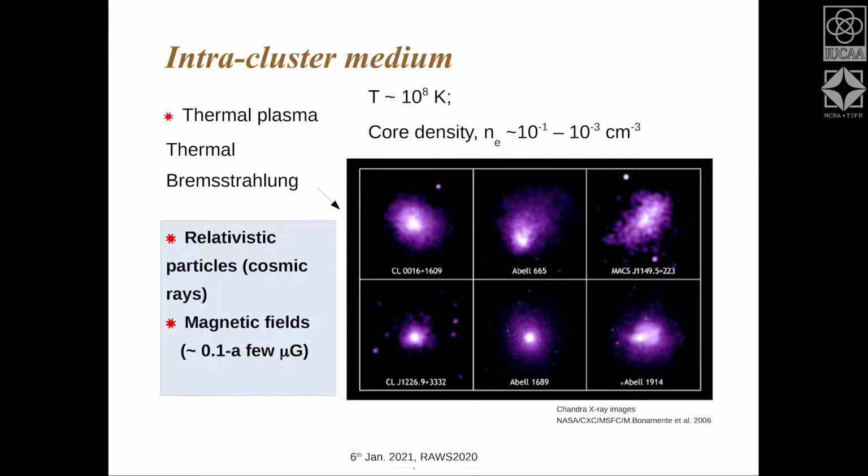Thermal means the emission mechanism depends on the interaction between two particles. Here the interacting particles are charged particles, electrons and protons, mainly electrons. The electron densities are of the order of 0.1 to 10 to the minus 3 per cubic centimeter, the temperatures are of the order of 10 to 8 Kelvin, and most of this thermal plasma is visible and detectable to us in X-rays.